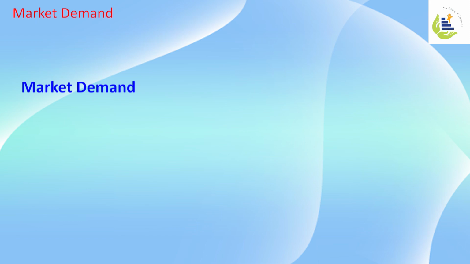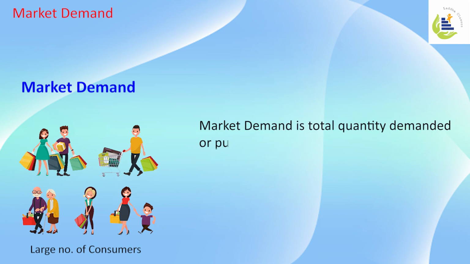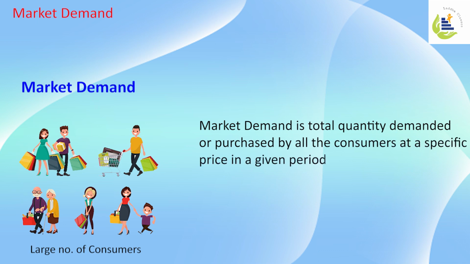The same concept can be nicely seen with market demand. What is market demand? In a market, there are many buyers, many consumers. So, market demand is the total quantity demanded or purchased by all the consumers, all the buyers at a specific price in a given period of time. In simple words, it's the total of all the quantity demanded at a price and a time.